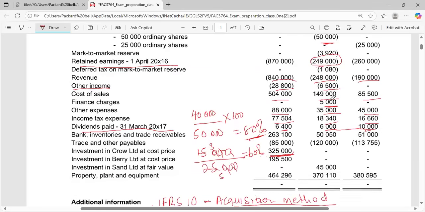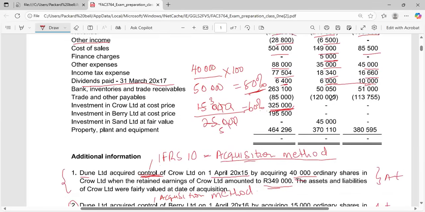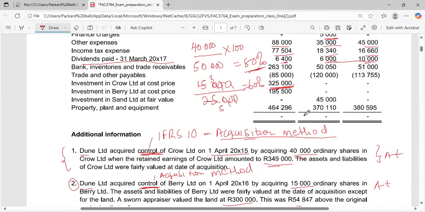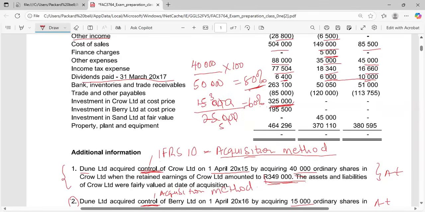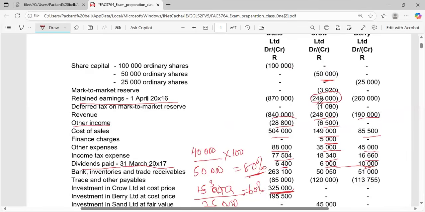Then at acquisition, it was 349,000. The difference between these two is what was earned by Crow Limited since acquisition to the beginning of the current year. Because this is what was there at acquisition. Then the 249 is what is there since acquisition.